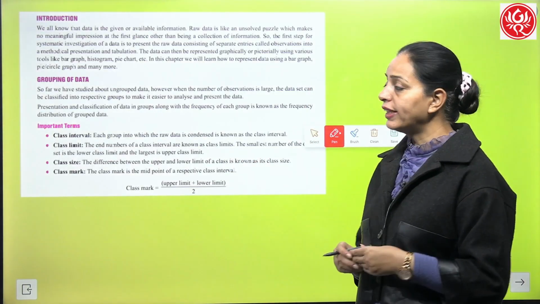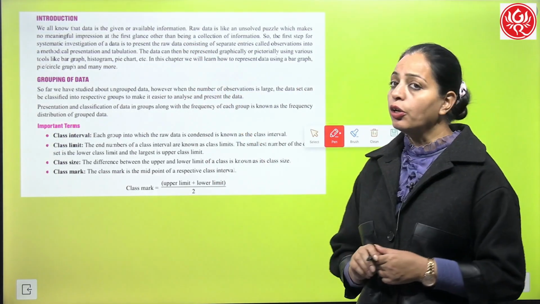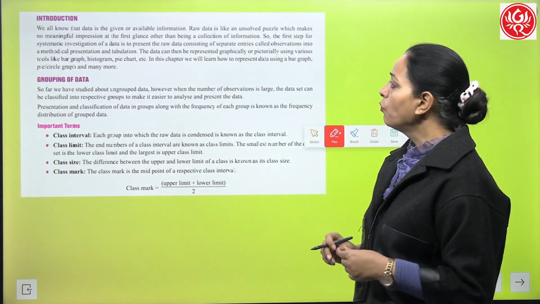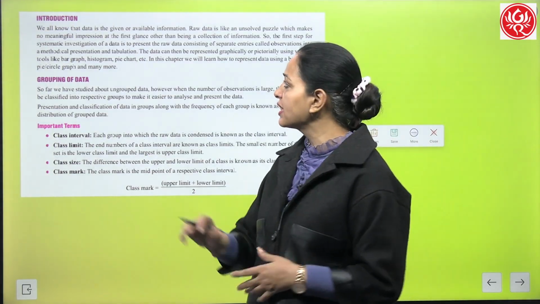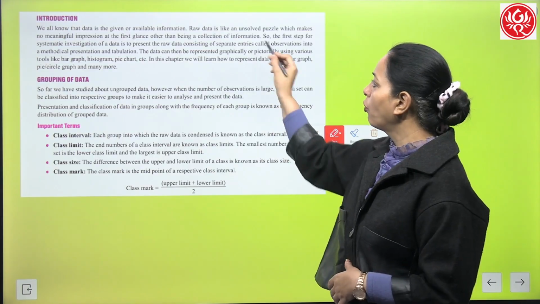We all know that data is the given or available information. Raw data is like an unsolved puzzle which makes no meaningful impression at the first glance other than being a collection of information.